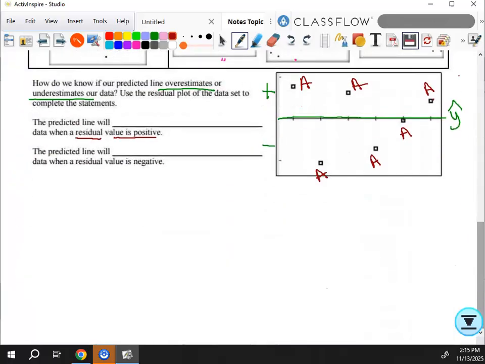Under it. Sorry. The line is under the point, right? So the line, when you have a positive residual, is an underestimate. When you have a negative residual value, the line is over it. So that is an overestimate.